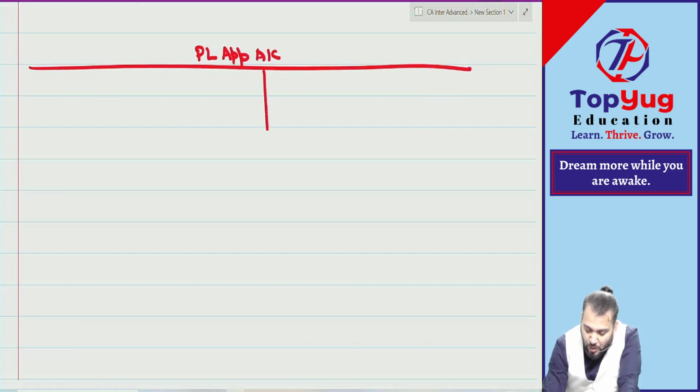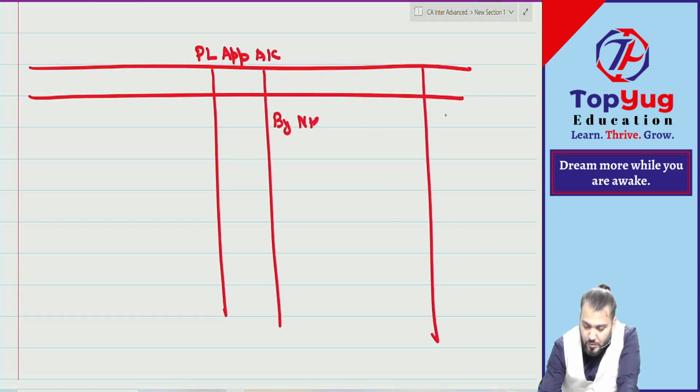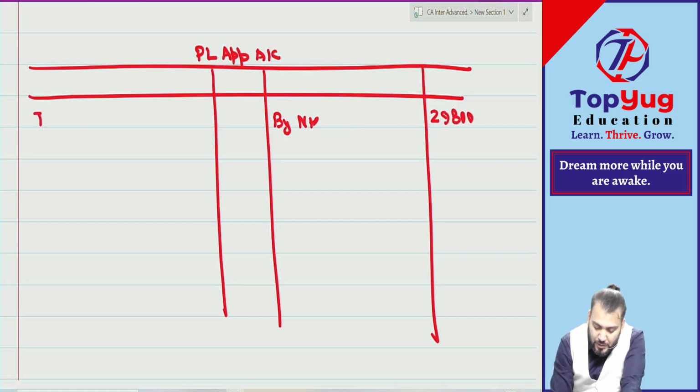But what is the net profit of the year? By net profit 29,800. But it will be allocated to the partners' capital account. Already we have done it.